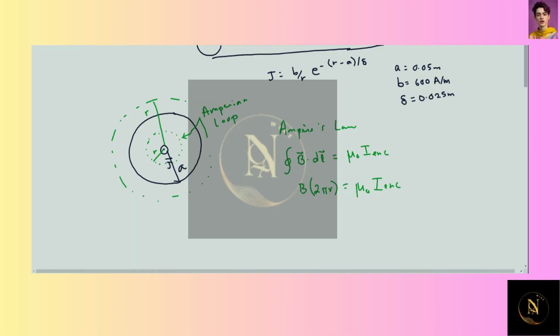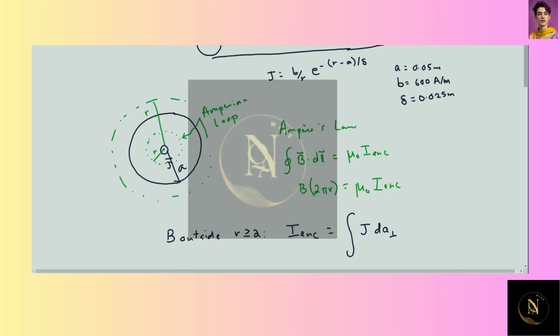So we'll take this in two steps. We'll first find the magnetic field outside the wire with r greater than or equal to a. And so in that case, the I enclosed is the total integral over the current density with the cross-sectional area to the current.